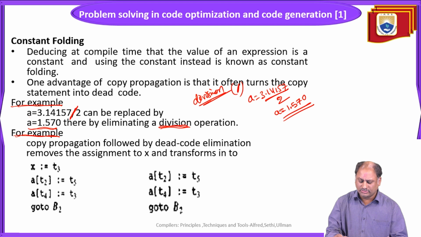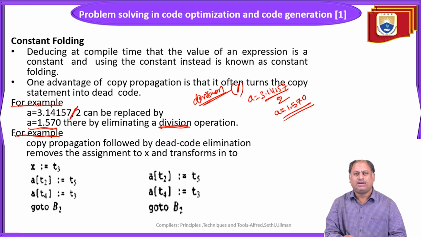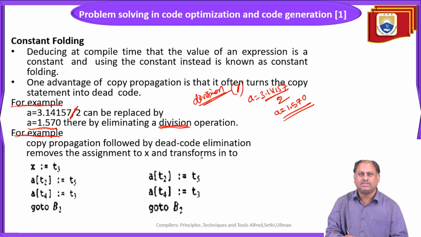So only the assignment remains. If any difficult expression evaluation is taking place, then this leads to a reduction of compile time. Why? Because I am not performing this operation.